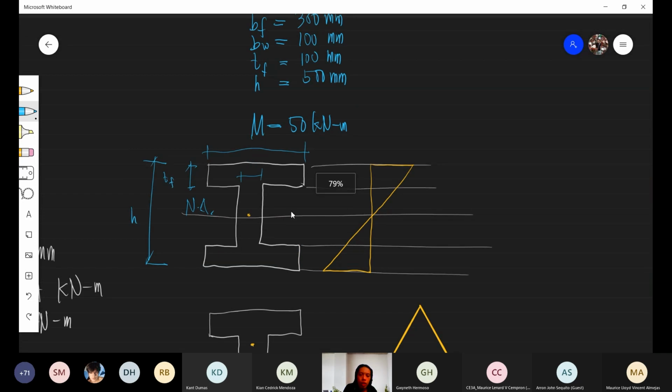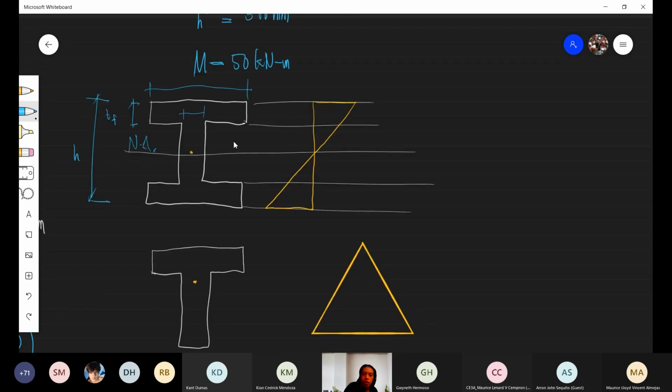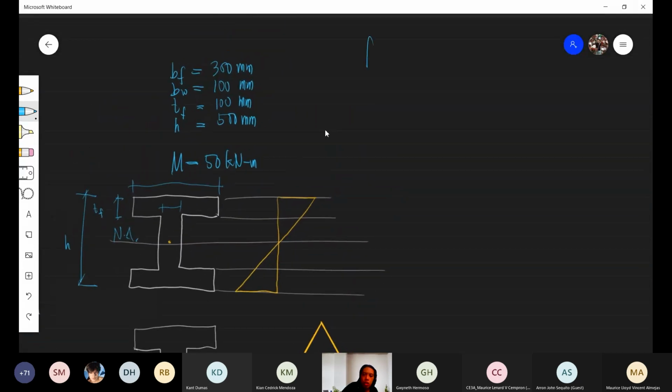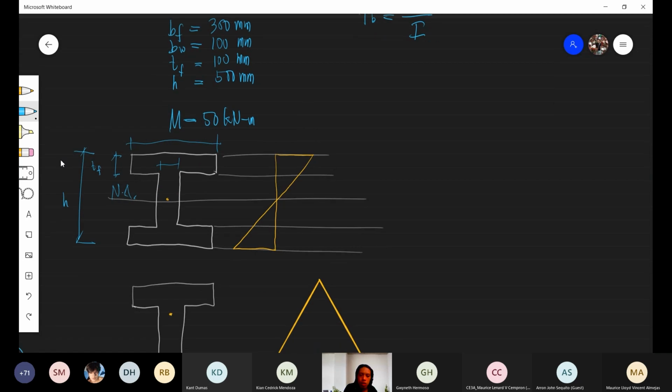Okay. Okay, let us solve for the value of the moment on the outermost fiber. How do we solve that? Sige daw. FB is equal to MC over I. M is given. What's the value of C? Using the overall depth or the overall height, that's 500.